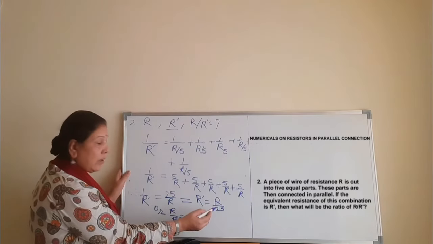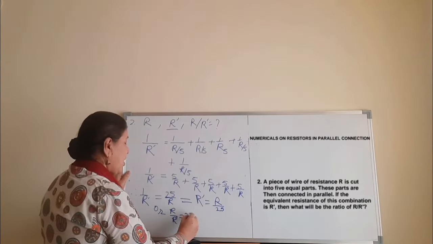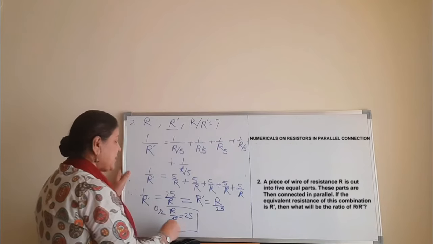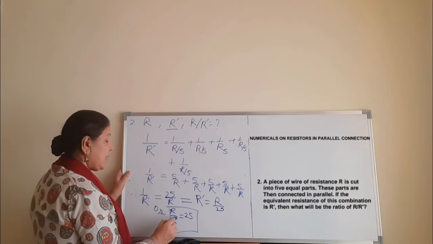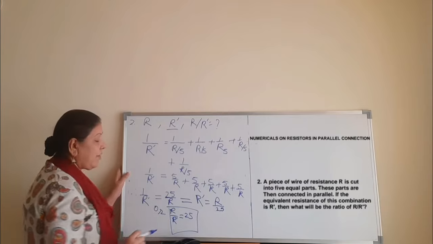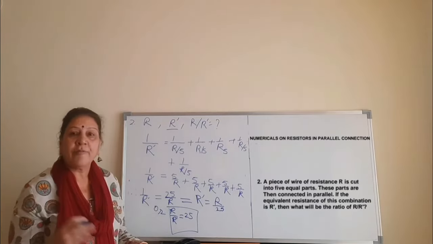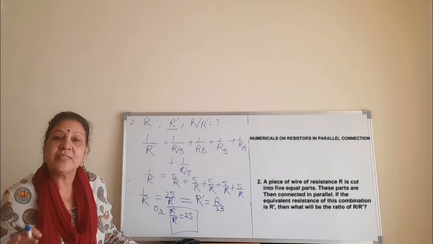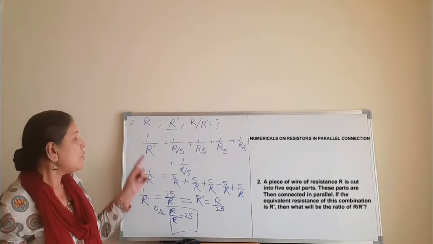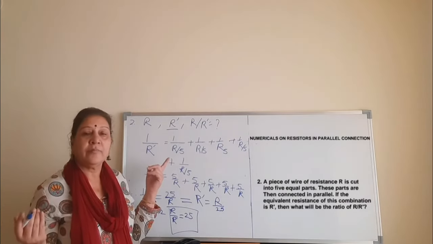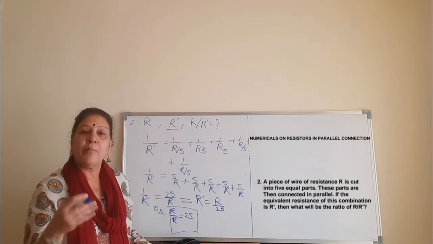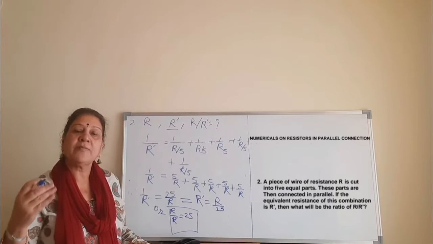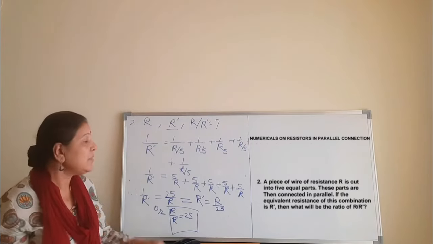This R dash will go down and here it is 25. So R by R dash will be equal to 25. One wire cut into 5 equal parts, all these 5 resistors are connected in parallel. So we use the same formula which we deduced, that 1 upon R is equal to 1 upon R1 plus 1 upon R2, like this 5 times.